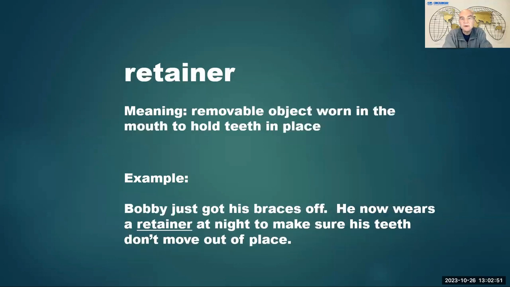Now we have retainer. A retainer is a removable object worn in the mouth to hold teeth in place. Example, Bobby just got his braces off.